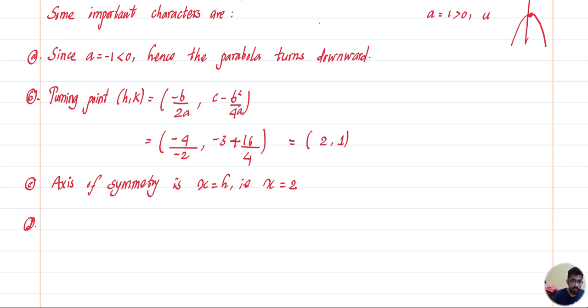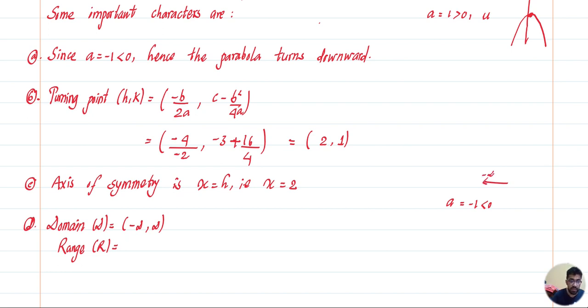Now we can find the domain. The domain of the quadratic function is always minus infinity to plus infinity, and for finding the range, in the previous video we have made one mnemonic that for range, we have a is equal to minus 1 which is less than 0, so we have to move towards minus infinity.